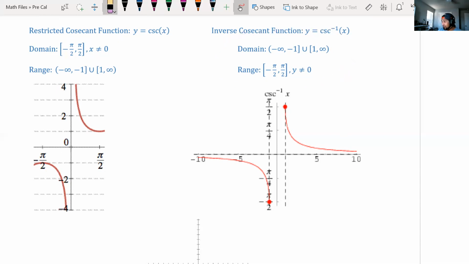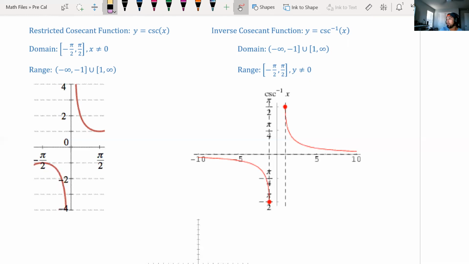Notice the comparison. What other inverse functions share the same range? Tangent and sine. Good.